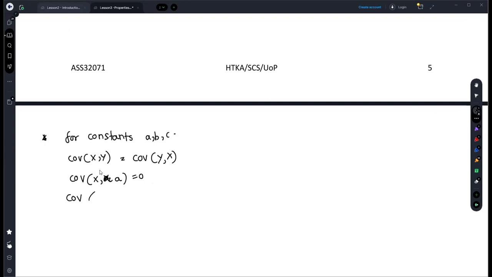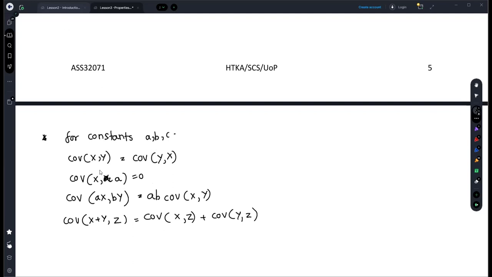You have covariance of aX and bY, that is ab times covariance of X and Y. So these are some properties of covariance.